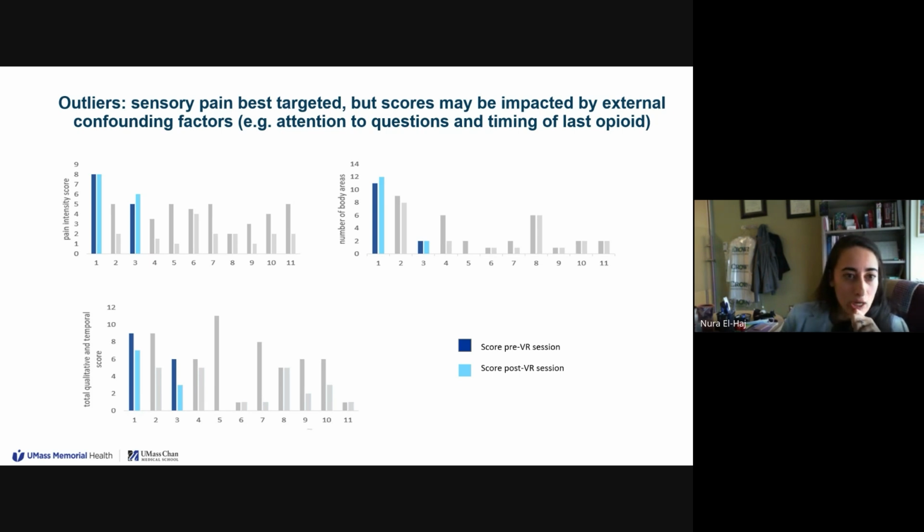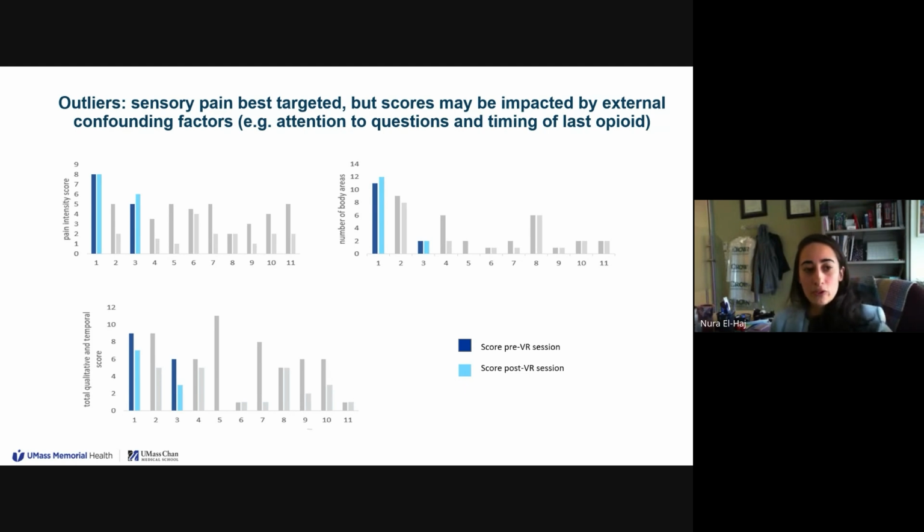But it had been a while since their last opioid. So just keep in mind that we still would give them their medication. This didn't replace medications. Then looking at patient number 3, this is a younger patient, on the younger end of the age range that we said.